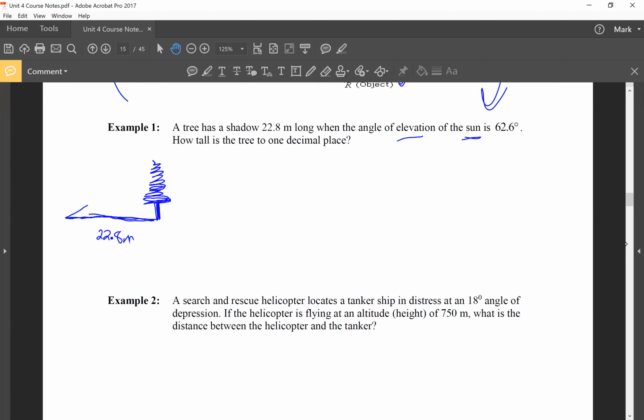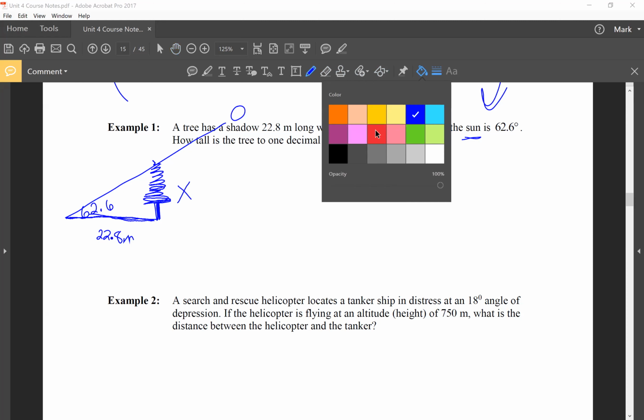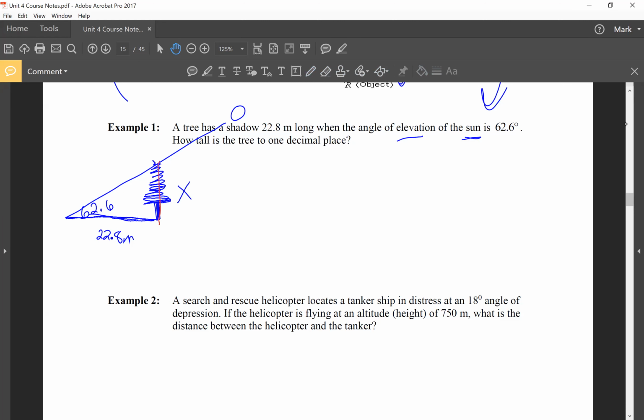The angle of elevation, so going up, is 62.6, because the sun is up here. The question is, how tall is the tree? So guys, I made a right triangle. Isn't that convenient? I'm trying to find x.